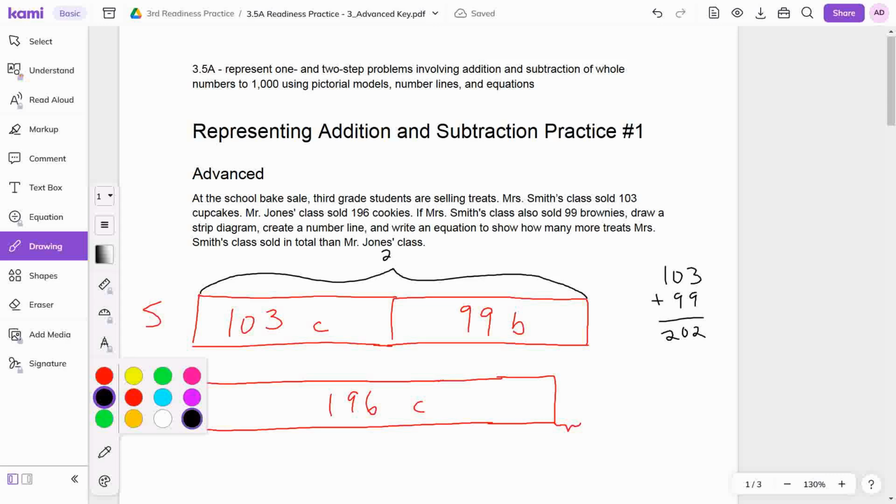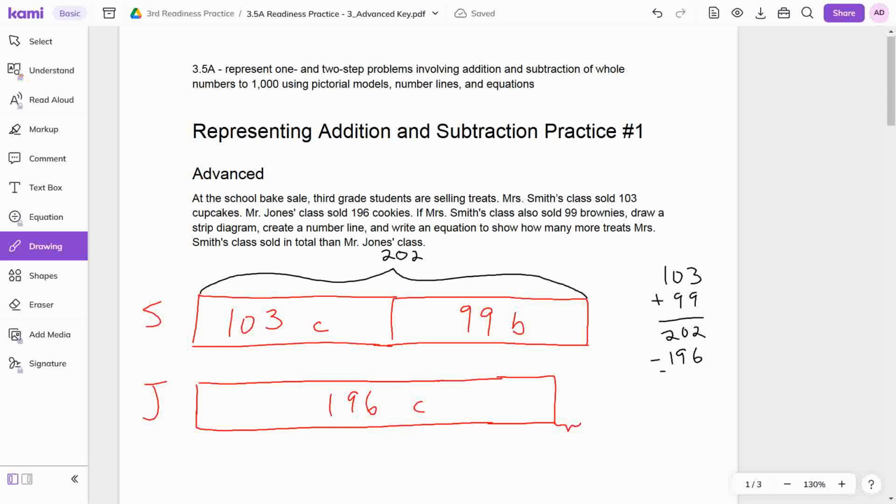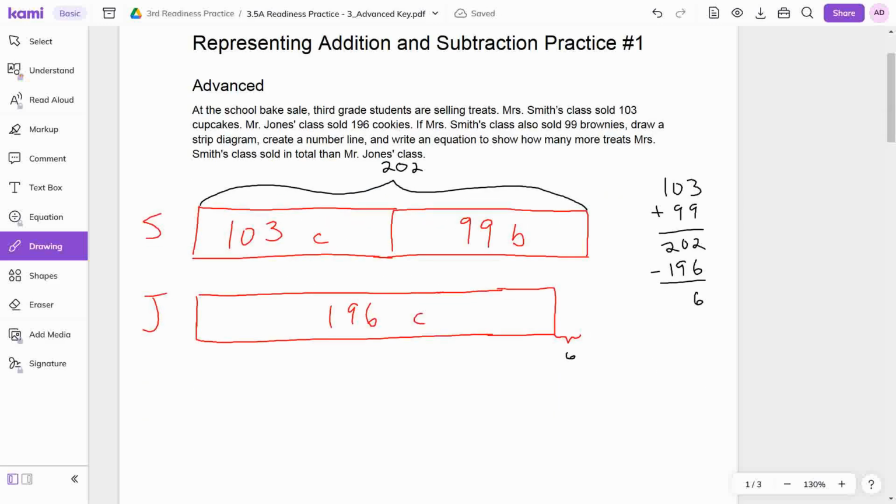So she sold 202, and Mr. Jones sold 196. So just a little bit left. So we can say 196 to figure out what this gap is. That's only going to be 6 away. So Mr. Jones' class only sold 6 less than Mrs. Smith's class.